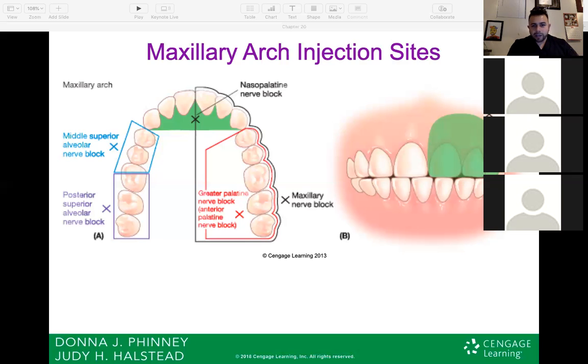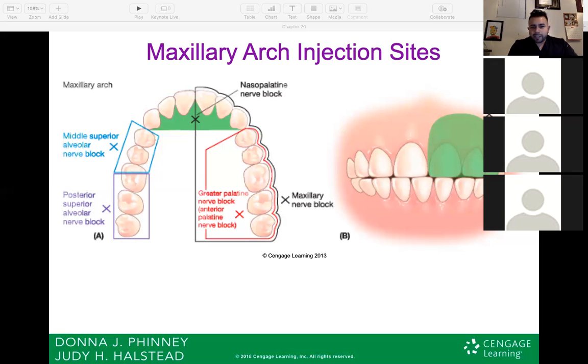We'll caution this though, any type of injections that are done on the roof of the mouth or on the palate are going to be your more painful injections. So typically we don't like to give those injections unless we really have to. The ones that are done on the mucobuccal fold are a lot less painful, and all the pain can pretty much be taken away with topical anesthetics.